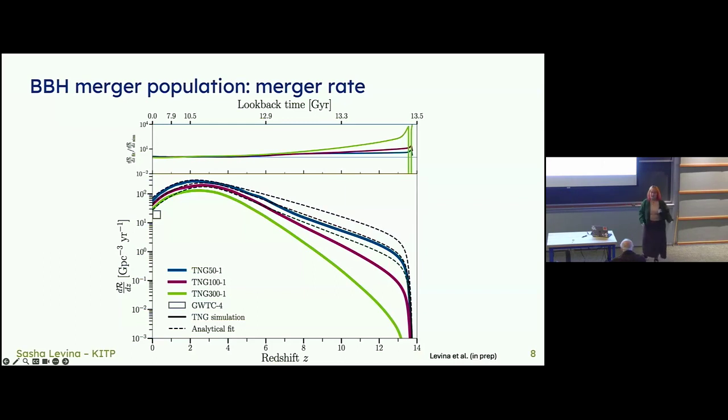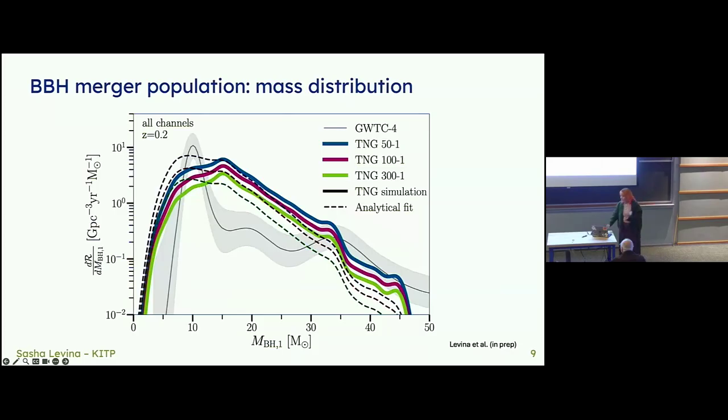But then, if we take a look at the mass distribution at redshift 0.2, where based on the rates it looked fairly okay, we can see that the analytical fit in the dashed lines is overproducing binaries at about 8 solar masses, and on the other end of the mass spectrum, it is underproducing binaries in all of the upper masses.